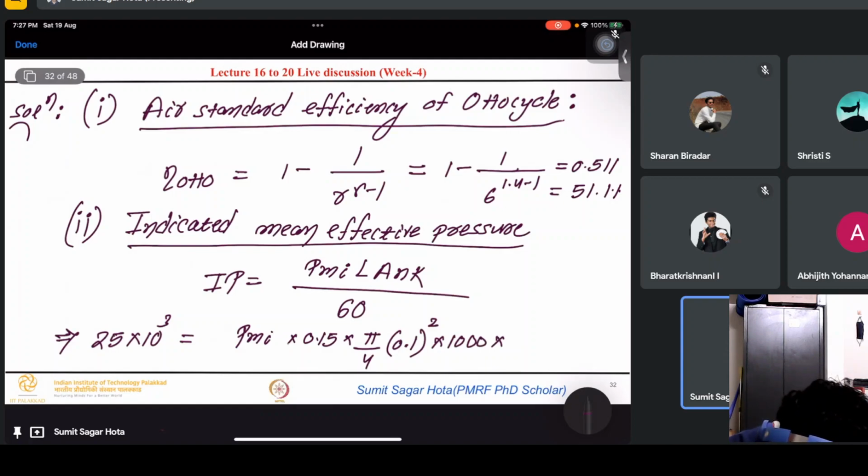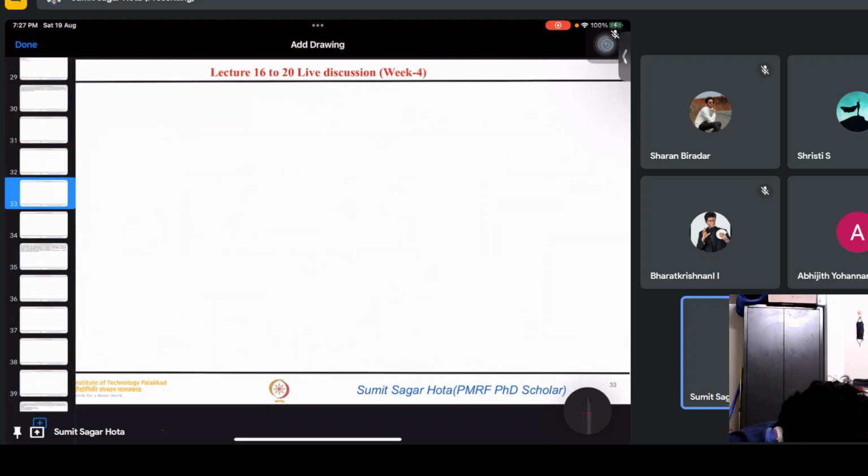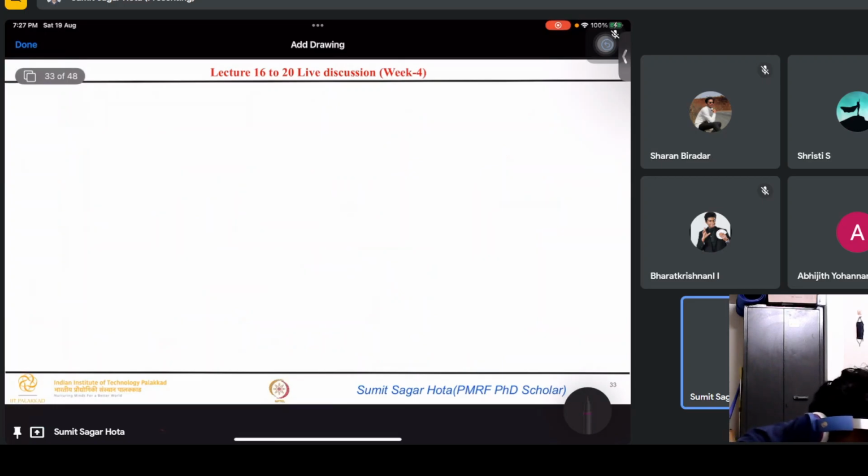K is your number of cylinders, 4, divided by 60. By solving all this you get PMI as 318.3 kilopascal.